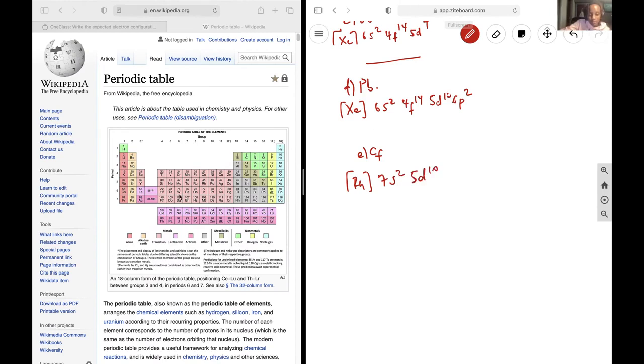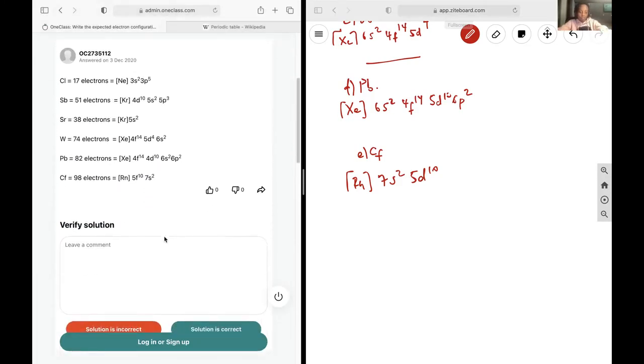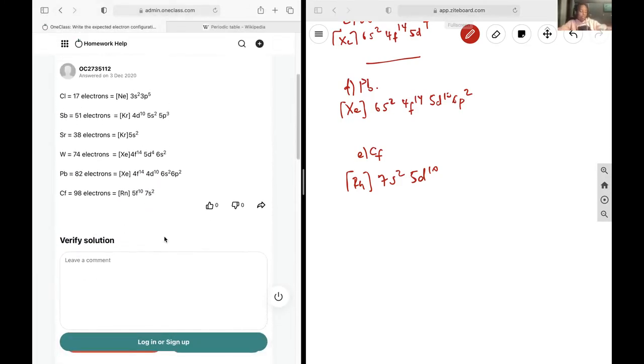That's going to be our final answer, and that's it for this question. The labels can get a bit confusing if you are rushing, so just be careful.